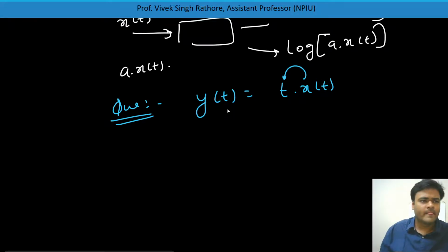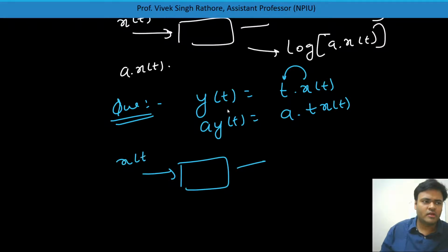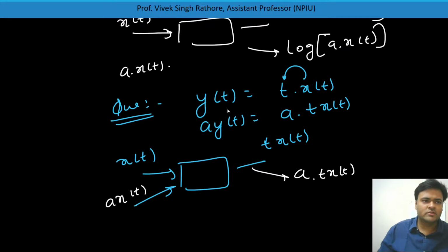You can calculate it also. a into yt is a into t into xt. If you give input as xt, you get output as t into xt. If you give input as a into xt, you get output as a into t into xt. So both are satisfying the homogeneity principle.